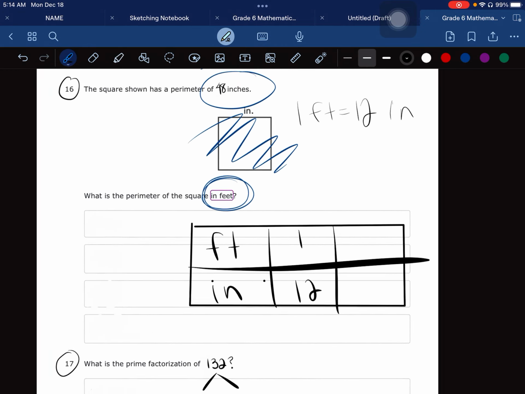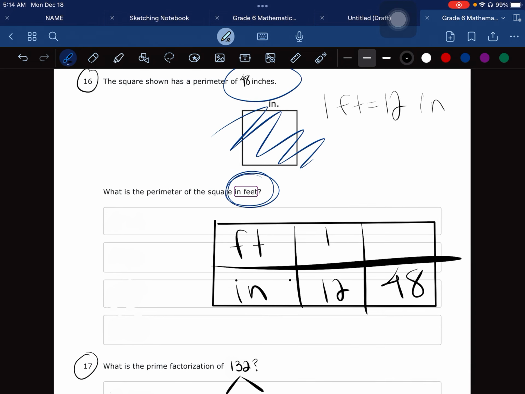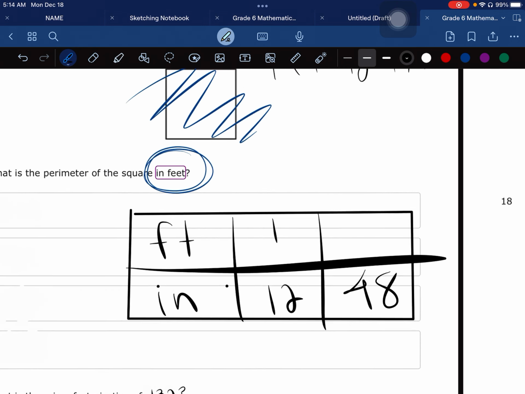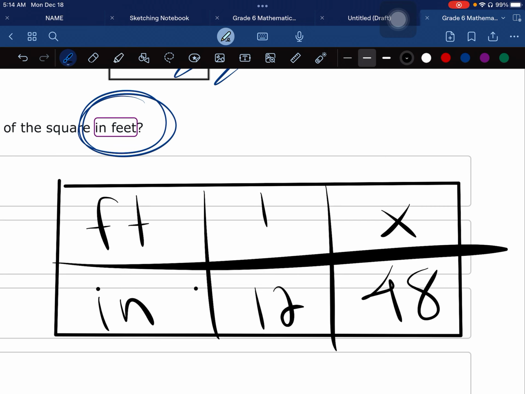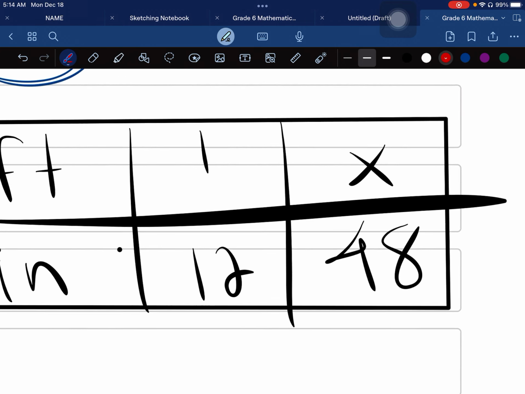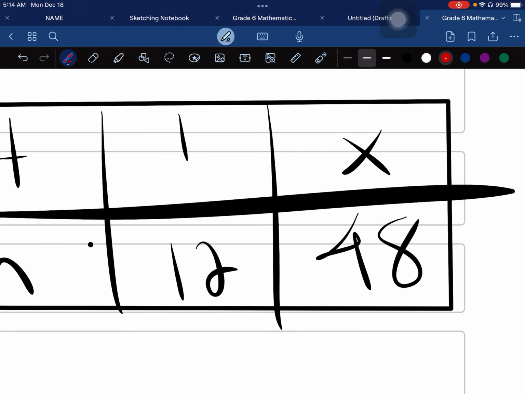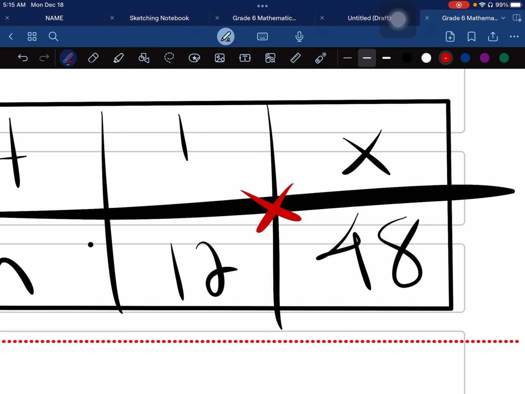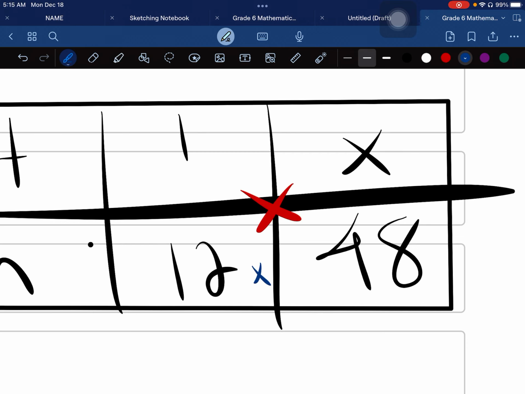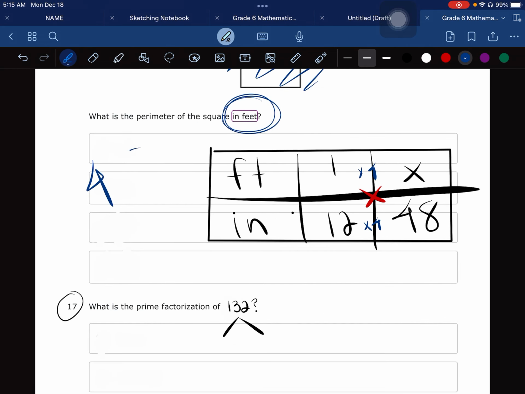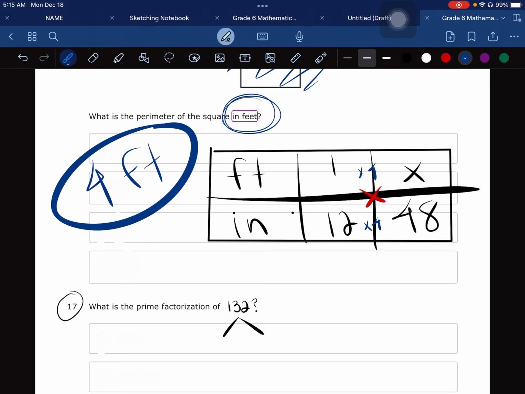What's the other number that we have? 48. Awesome. Now, this is our unknown number. So, all we got to do, Wakanda forever, or side to side, which is times 4 times 4. 4 feet is the answer. Boom.